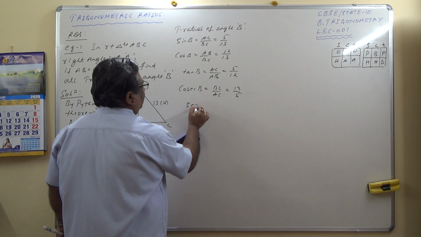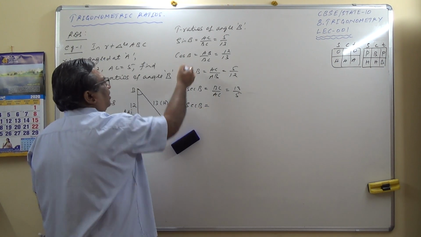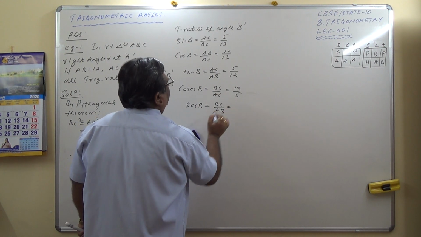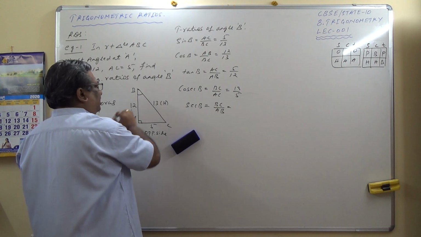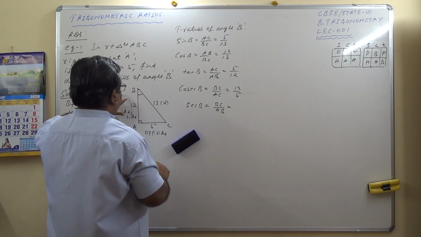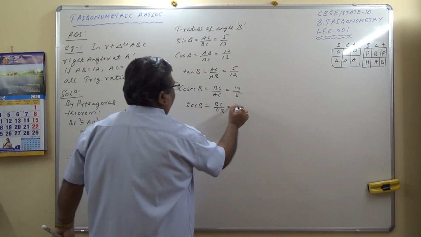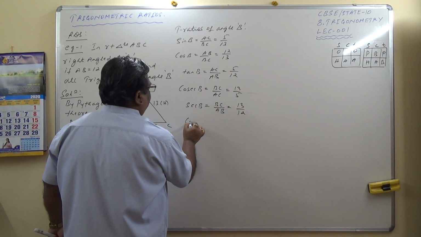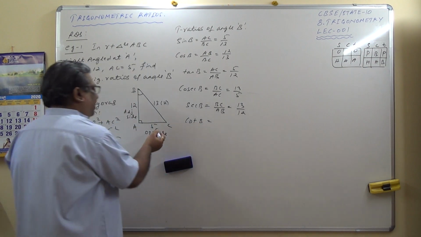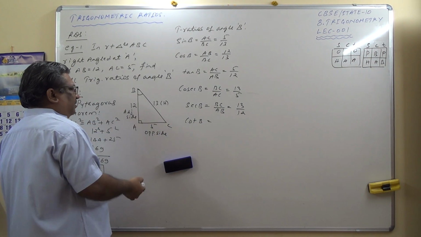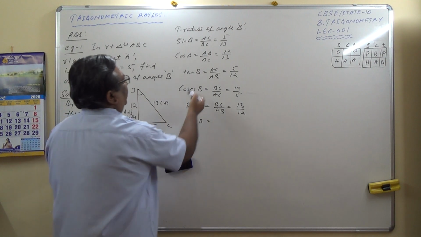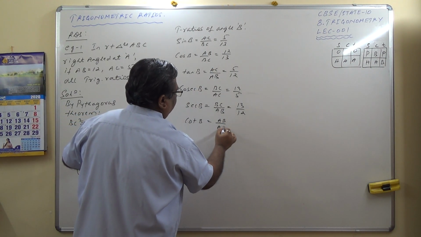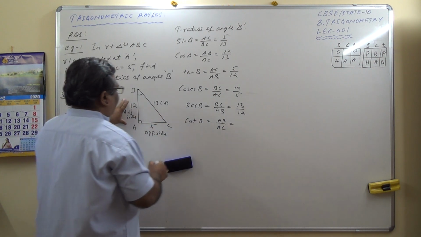Sec B, secant B, which is the reciprocal of cos, is hypotenuse by adjacent side, BC by AB, 13 by 12. Next, cot B is adjacent by opposite side, which is AB by AC, 12 by 5.